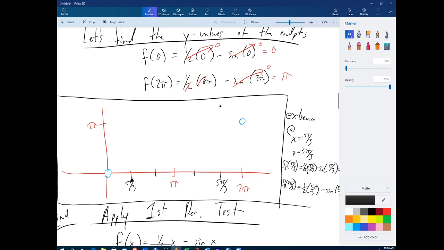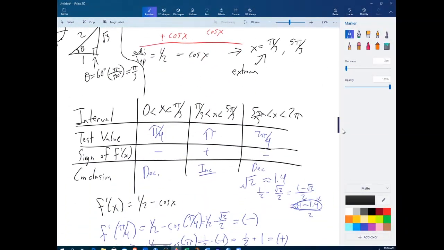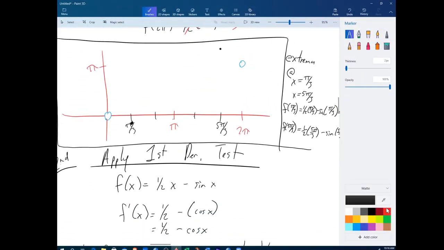And of course, to compare it to what I have with my derivative test, I know I'm going to decrease, then increase, then decrease, which I can already see coming out in the graph here. I'm going to decrease, then increase, then decrease.